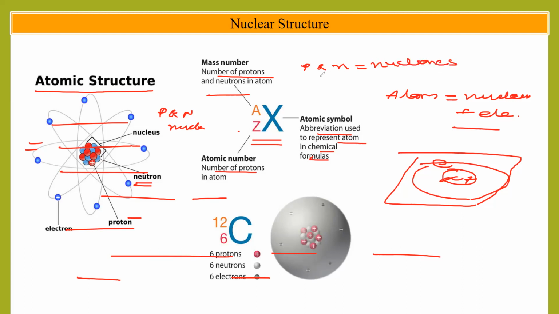Many times it is asked in examinations what nucleons are. So nucleons are protons and neutrons. For example, if we consider the carbon atom, it has 6 protons, mass number 12, and 6 neutrons. In the center there are 6 protons with the neutrons, and electrons revolve around this nucleus. So this is the basic model for atomic structure.